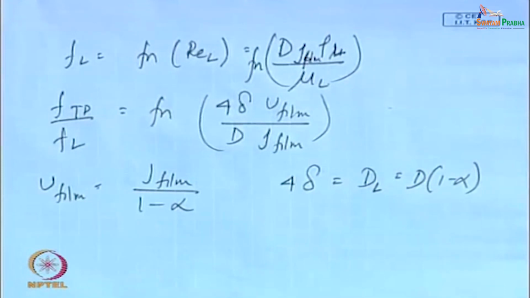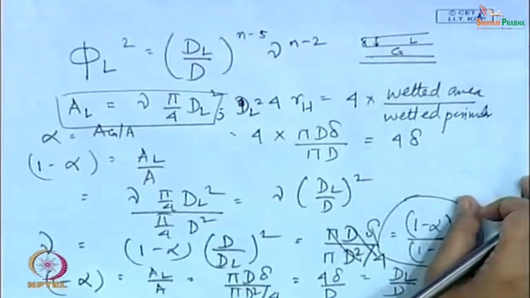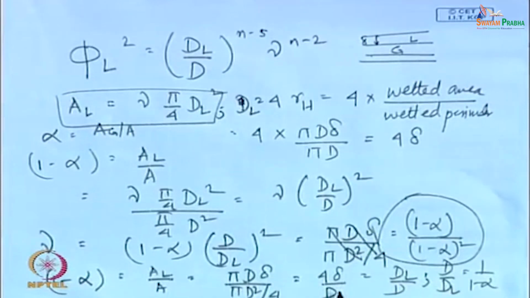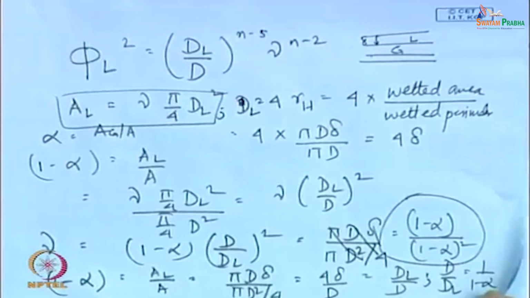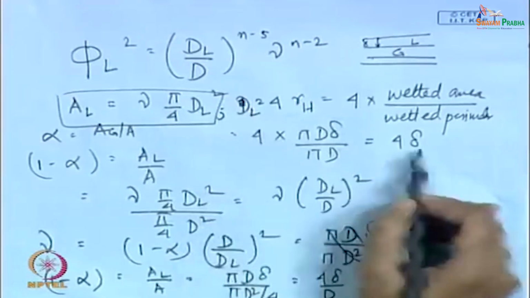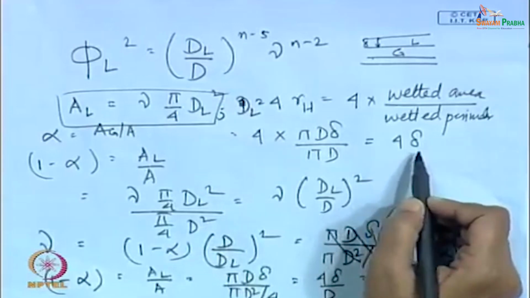In fact, I think 1 or 2 slides back only I had derived this particular situation. Here only I had derived it, dL equals 4 delta, just now I have derived it.